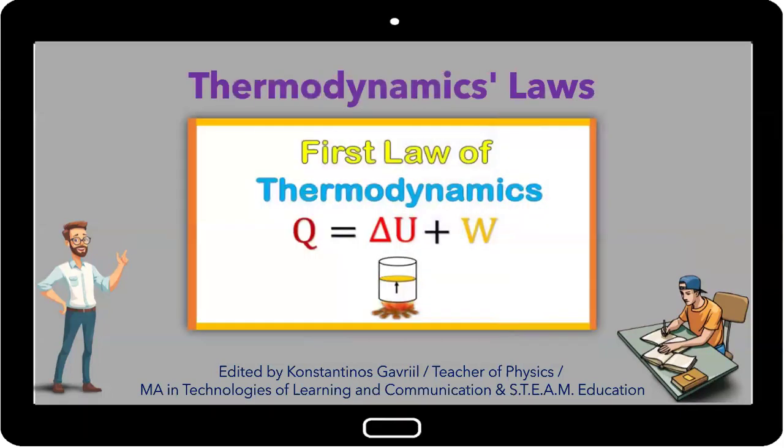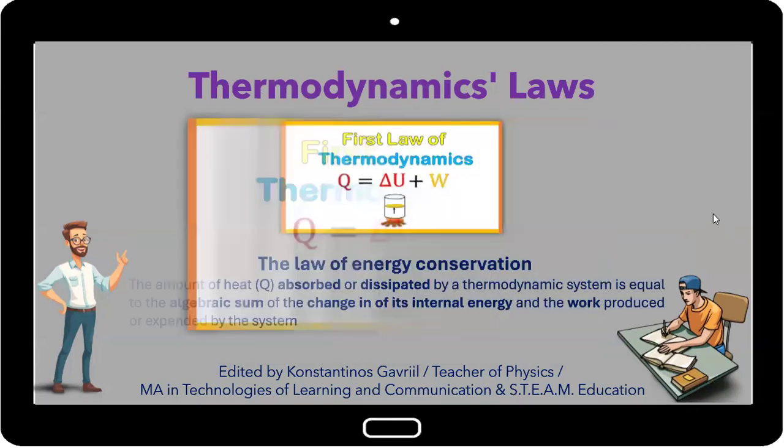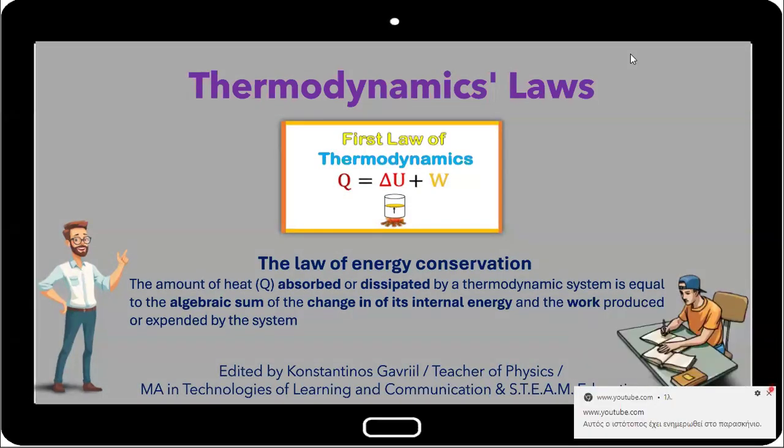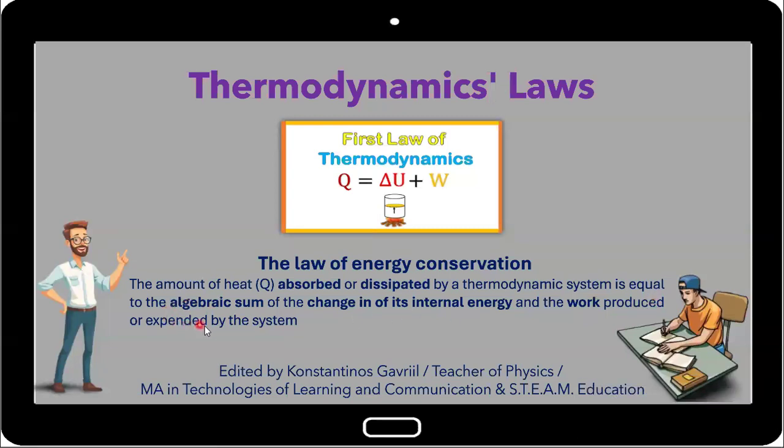Let's continue now with the thermodynamics laws. The first law of thermodynamics states that the amount of heat absorbed, which means enters, or dissipated, which means exits, by a thermodynamic system, let me use my notes here, is equal to the algebraic sum.